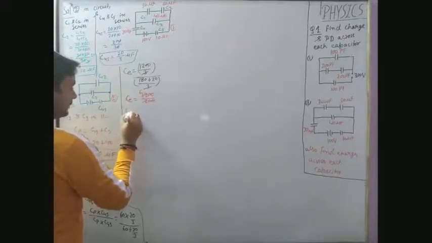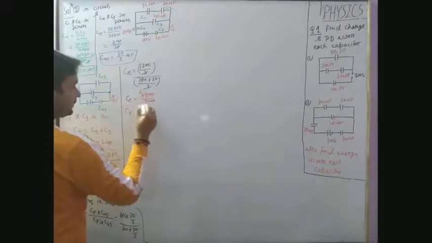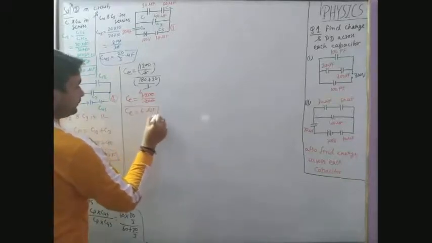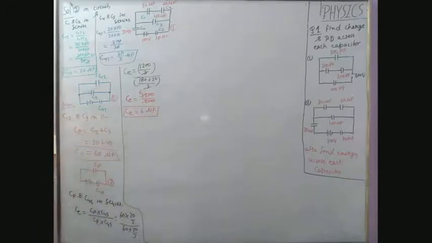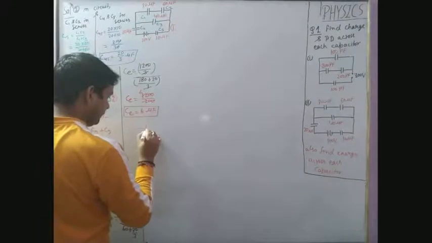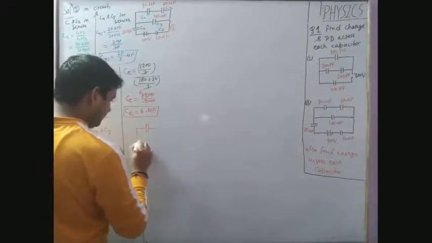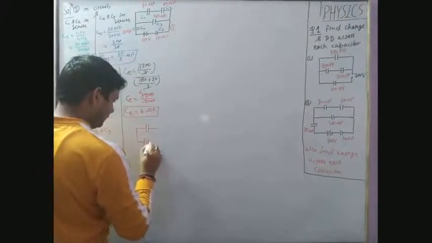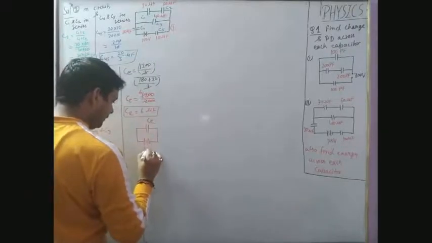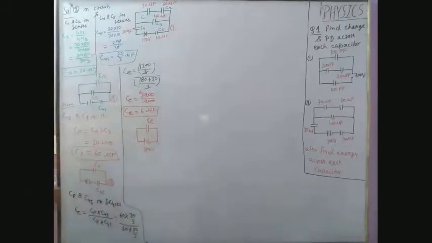That means C equivalent is 6 microfarad. Okay. Now the circuit is reduced to C equivalent upon 100 volt supply.